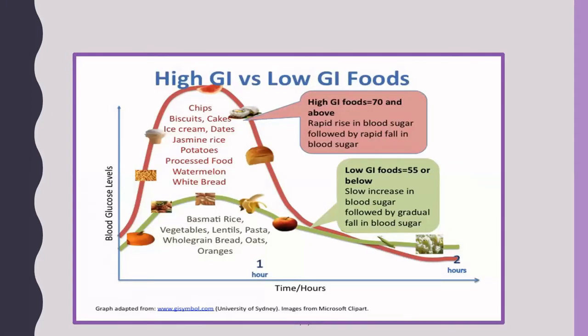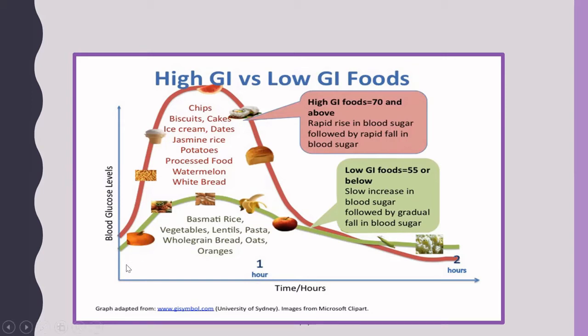So this is a graph in which the time, in hours, is given on the x-axis, and the blood glucose level is given on the y-axis. So when a person eats a low glycemic index food such as basmati rice, vegetables, lentils, pasta, whole grain bread, oats, whole oranges, what happens to his blood glucose level?